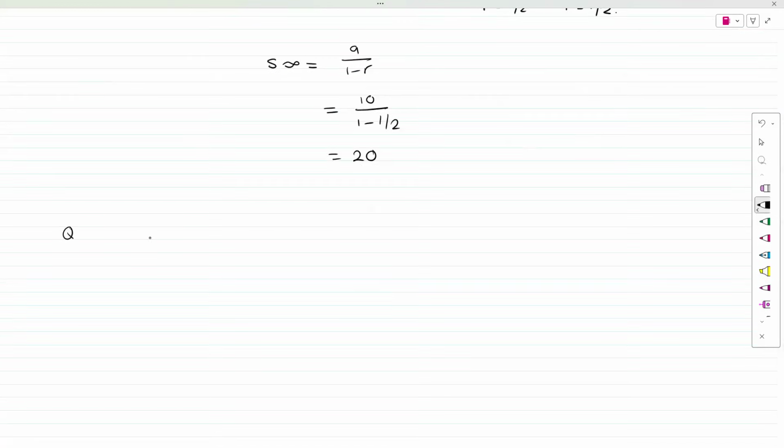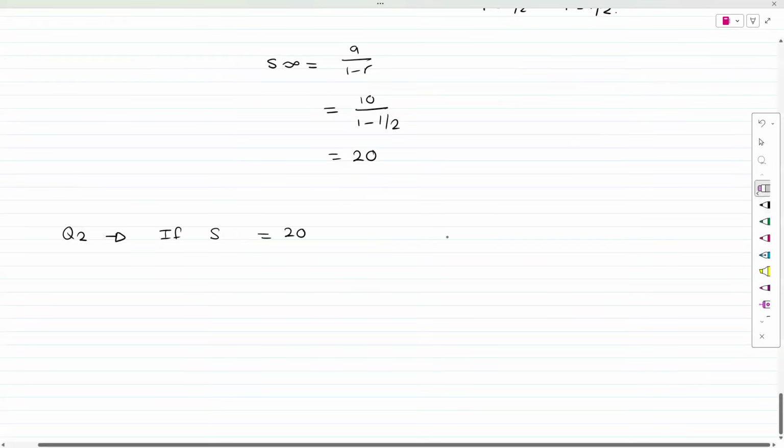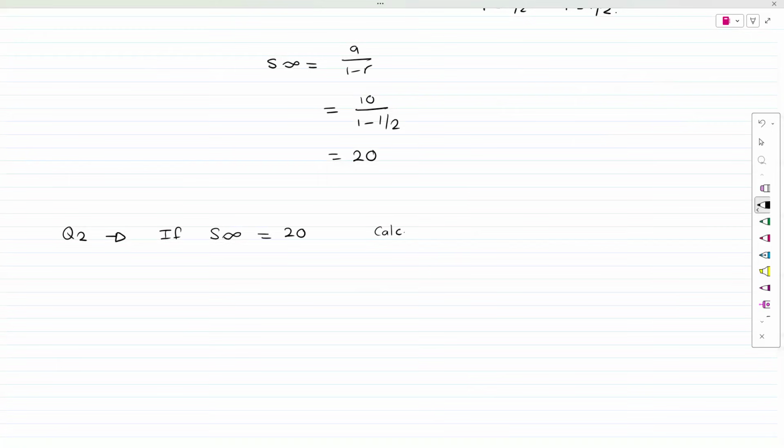Question 2, the exact same thing can work. If the sum to infinity is equal to 20, calculate A. Okay. Let's say they gave us R is equal to a half.